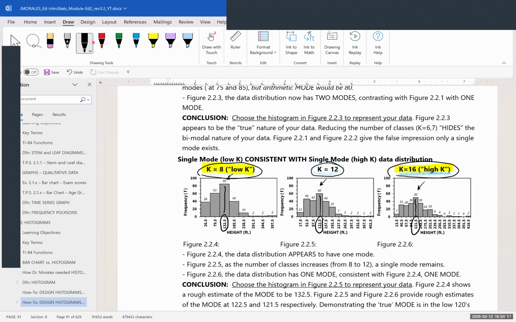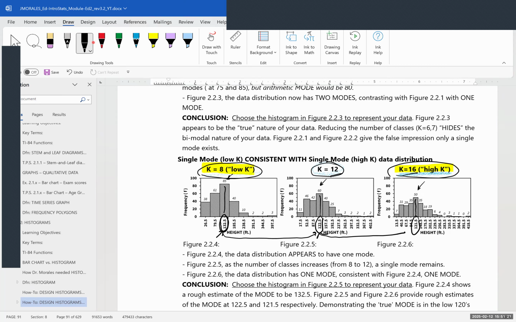And we're going to learn about mode and measures of center. And so what you'll notice is that the midpoint here was 132.5. But as soon as we increased the number of classes up to 12 and 16, that midpoint changed from 132.5 to 122.5, and then changed again to 121.5.